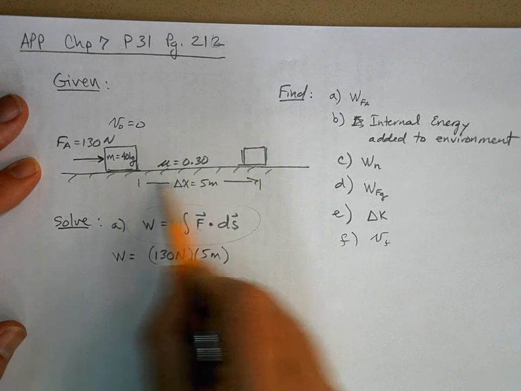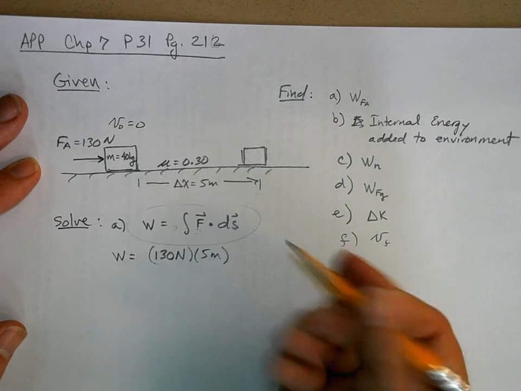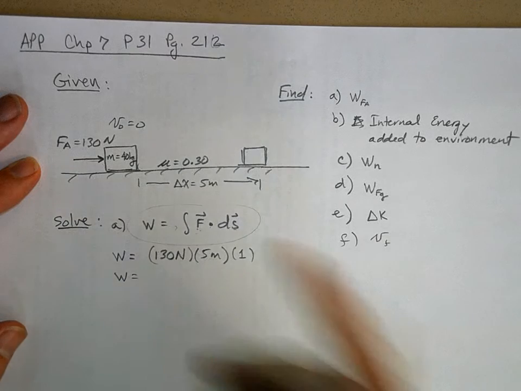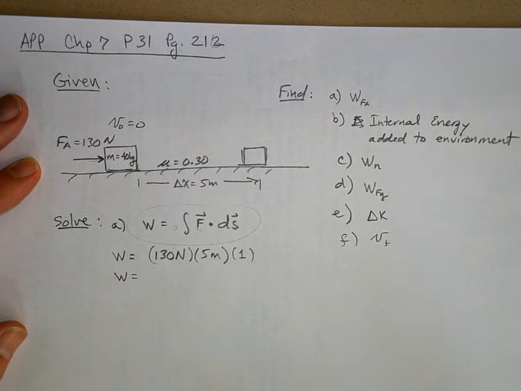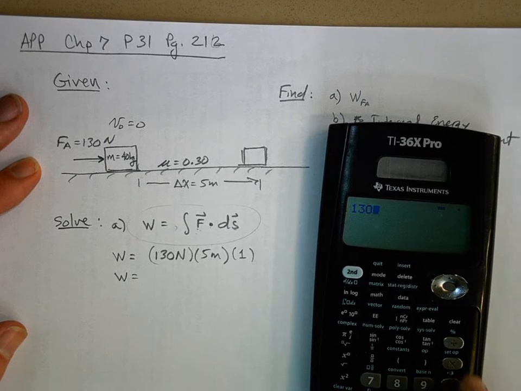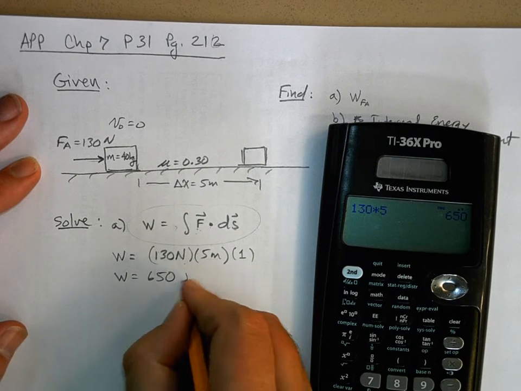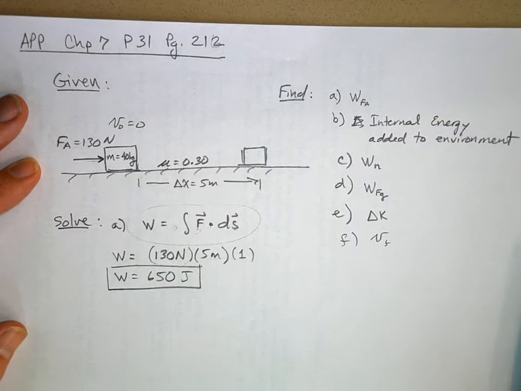The force and the displacement are both in the horizontal direction, so the angle between them is 0. The cosine of 0 is just 1. So the work done is just 130 times 5, which equals 650. A newton times a meter is a joule. Okay, so that's pretty easy.